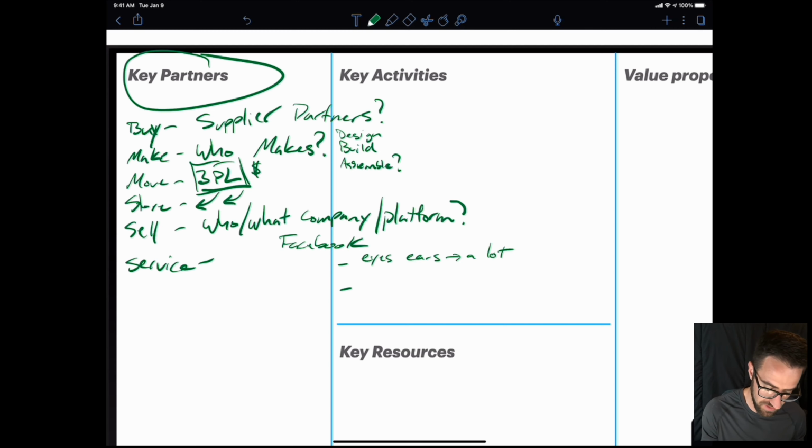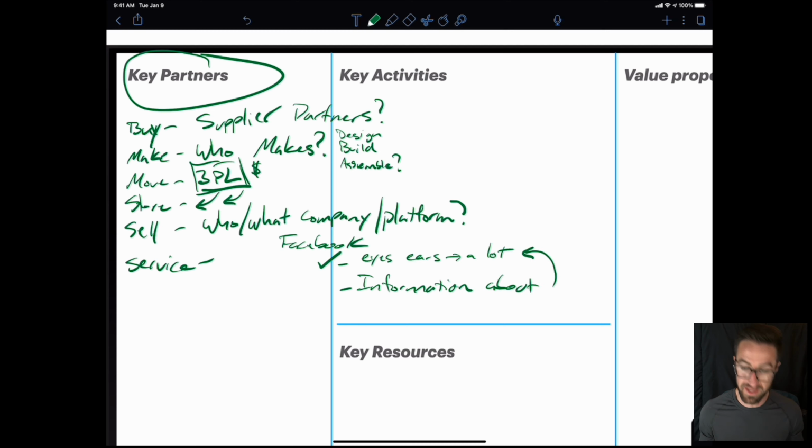And for Facebook, check, right? And then we need to have information about the eyes and ears, right? And Facebook happens to know a lot about the people that use their platform, and so they're able to help you target your ads to the right demographics, right? So who is your advertising and sales partner?